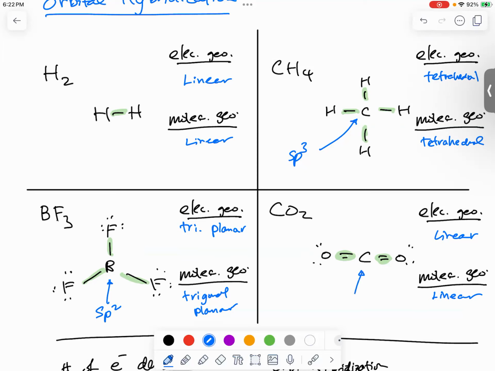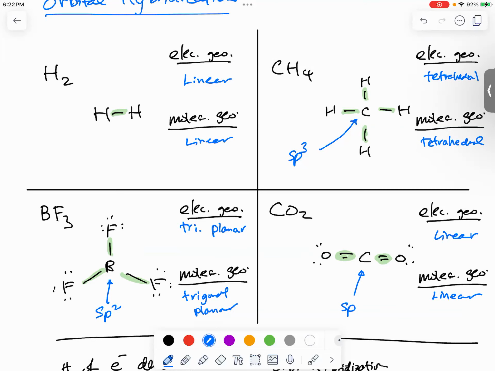And what about the carbon in CO2? What's the orbital hybridization? Well, there are two electron densities, so therefore we have an sp hybridization. In terms of how to get the right answer, that's how to get it.